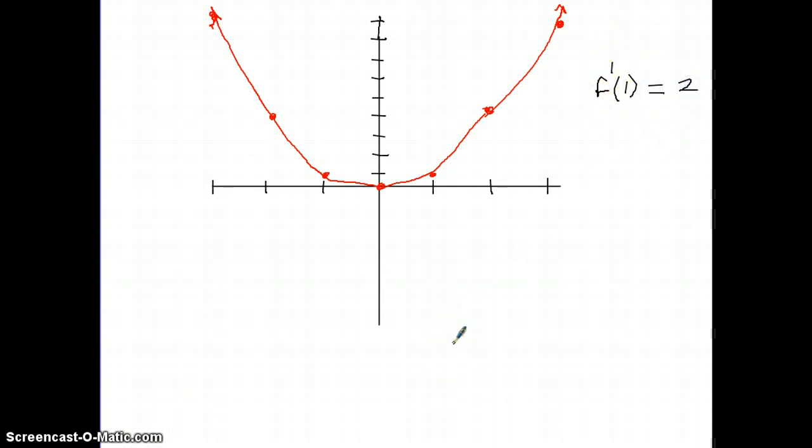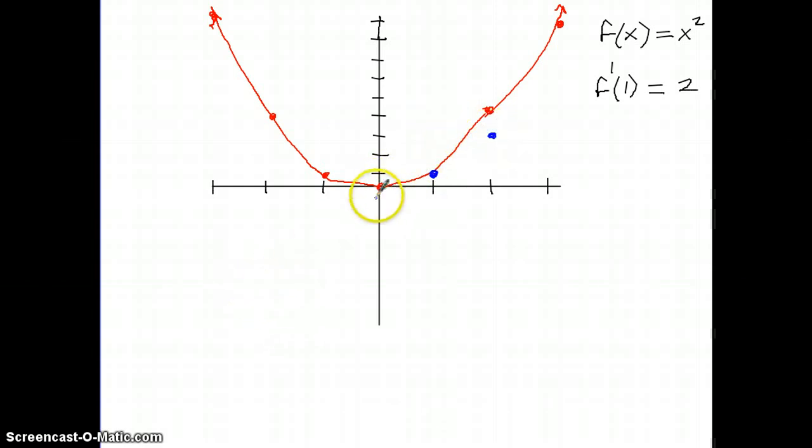And so we go to our function, f of x equals x squared, and we go to that point 1. We go to 1, and we know the slope tells us to go up 2 and then over 1.